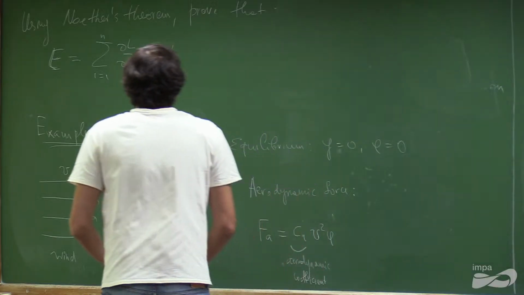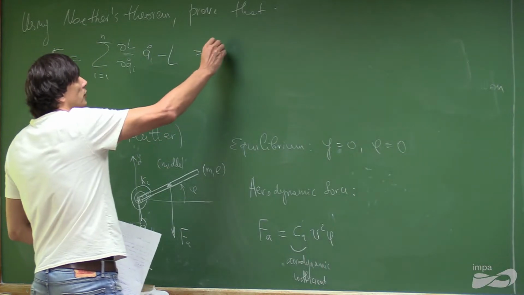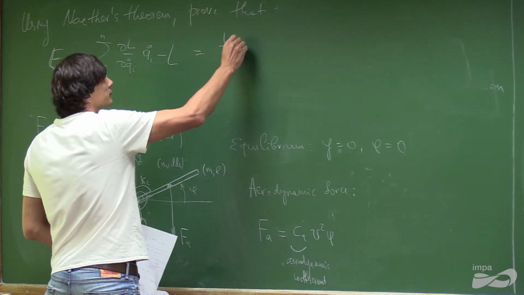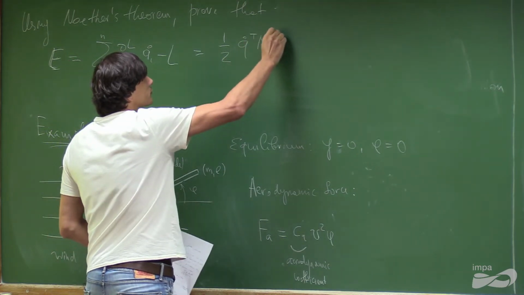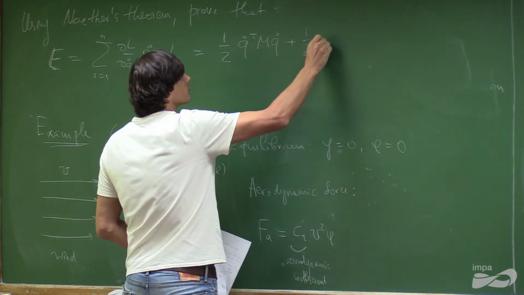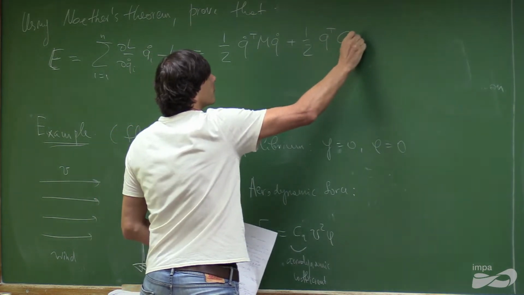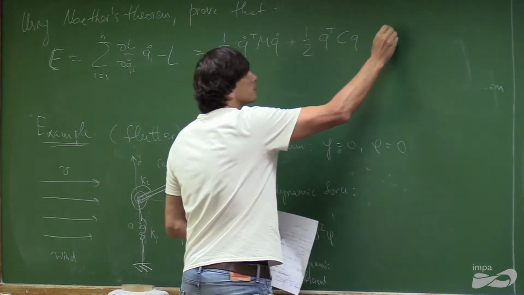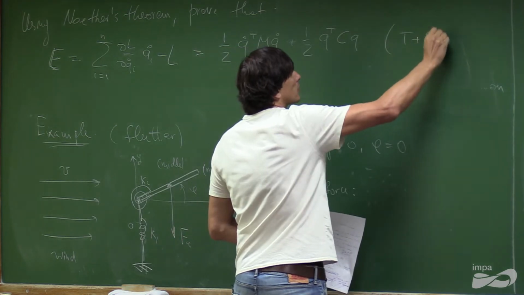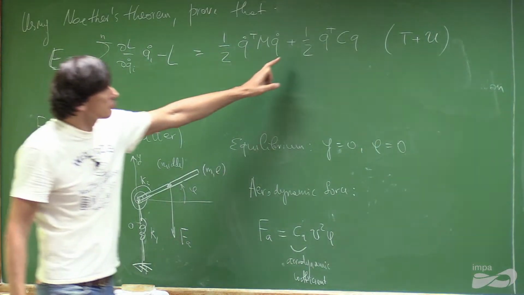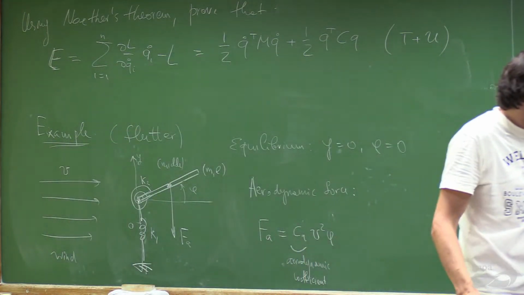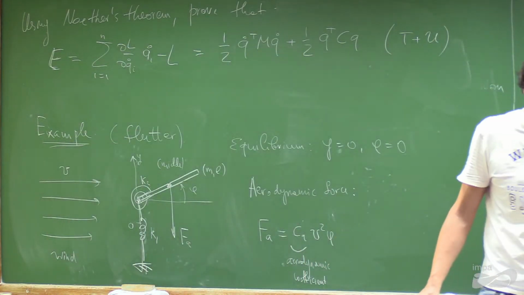So prove that whenever you do this, what you get is this: just kinetic plus potential energy. So this intermediate term disappears, and this changes from minus to plus.